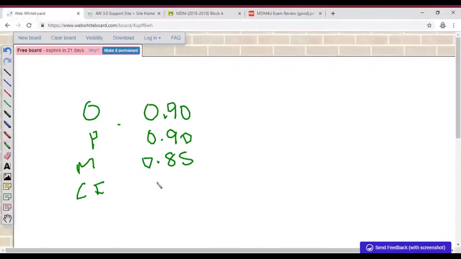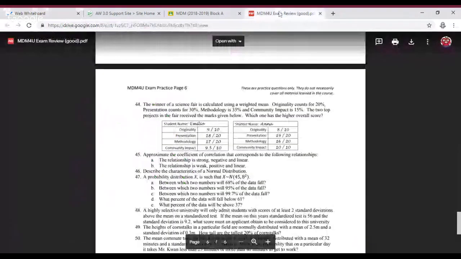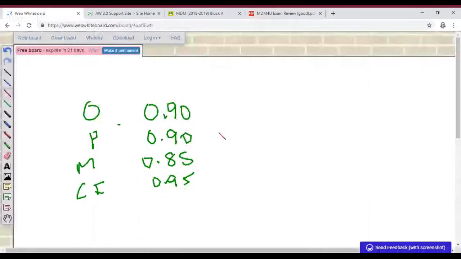And then the weighting of each one is not the same. So this is a weighted average. So 20, 30, 35, 15. So this one's worth 20%, so I'm going to multiply by 20. This one's worth 30%. And this one's worth, no, sorry, this one's worth 35, and this one's worth 15.